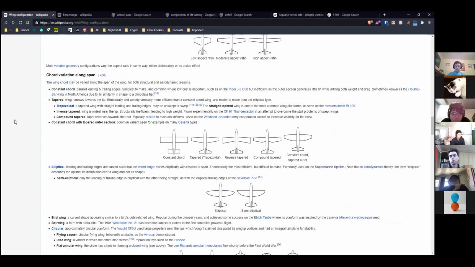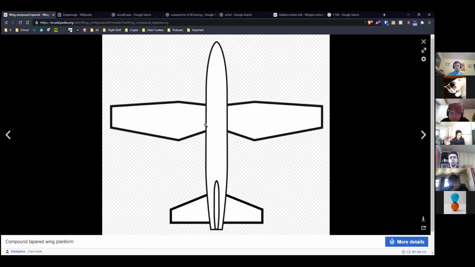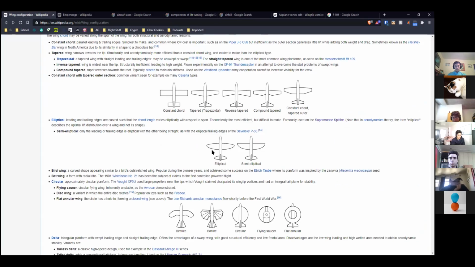Oh yeah, so also if you didn't know, we call the part right next to the fuselage the root, and the part as far away from the fuselage as it goes the tip. So you can vary the chord, or the longitudinal dimension of the wing, from root to tip, over that distance, and different ways of doing that are what this is talking about.